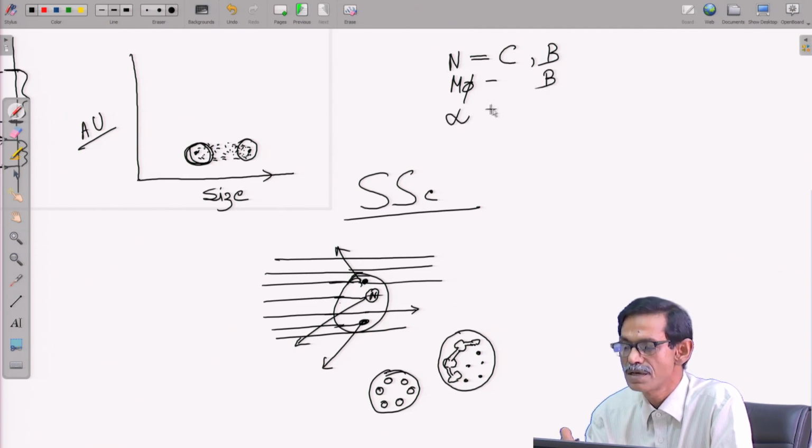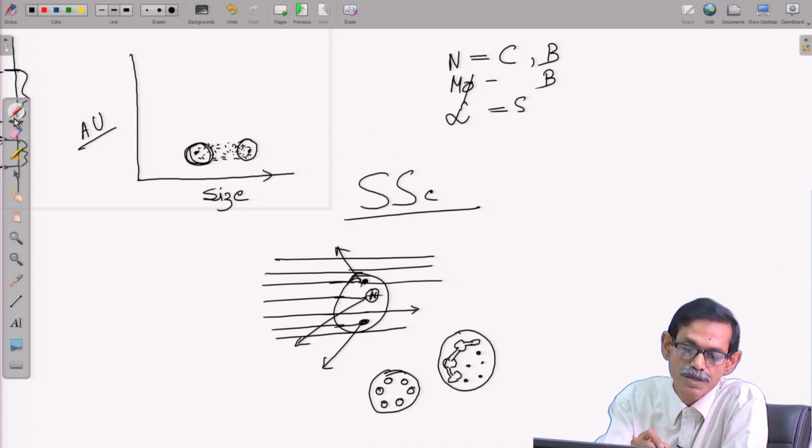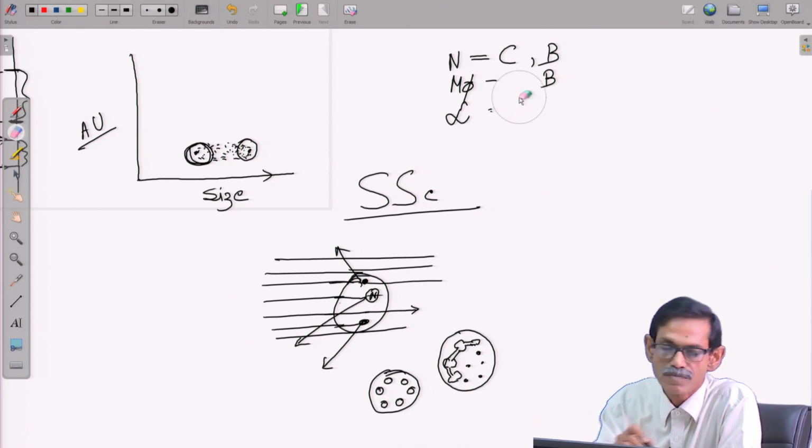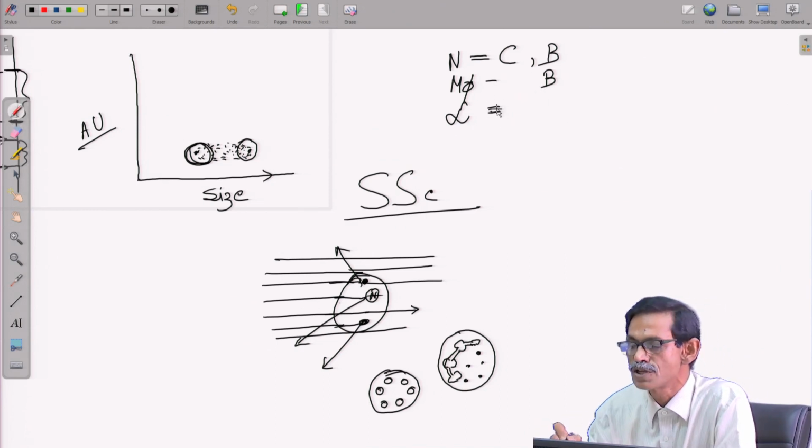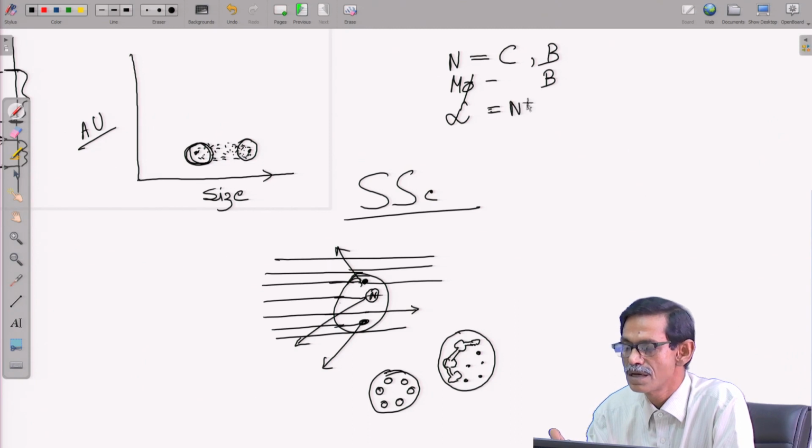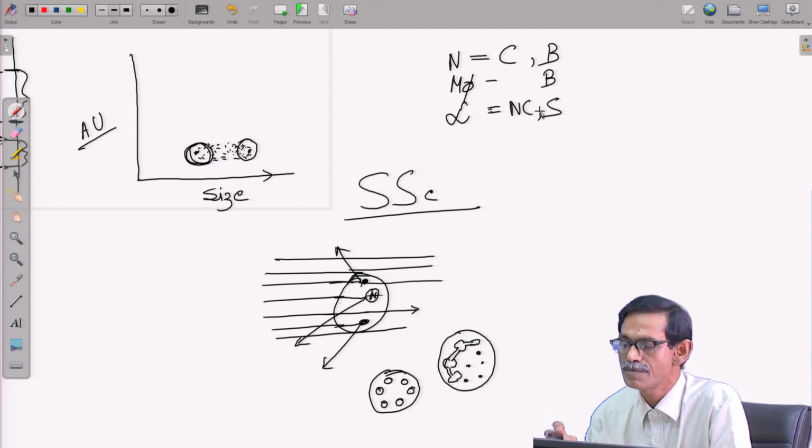Lymphocyte is not complex at all and small. So, what is the combination?